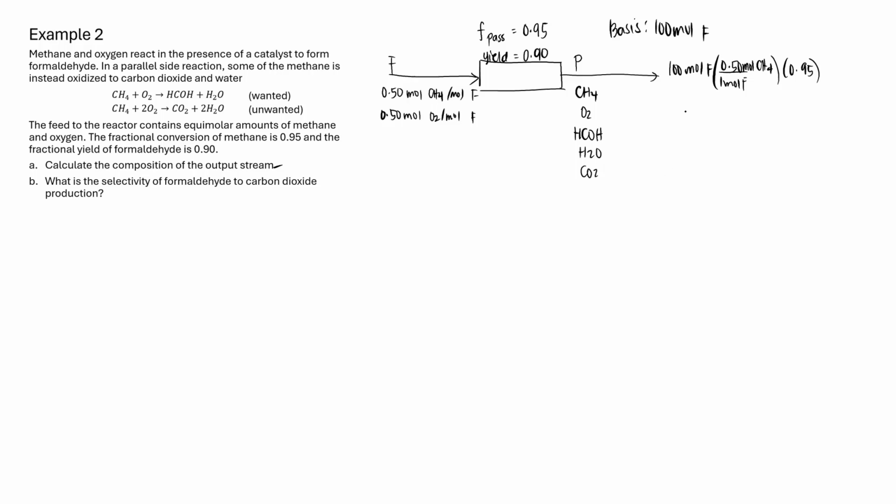So that means 47.5 moles CH4 reacted. If I have 50 moles in the beginning and only 47.5 reacted, the difference is the unreacted.